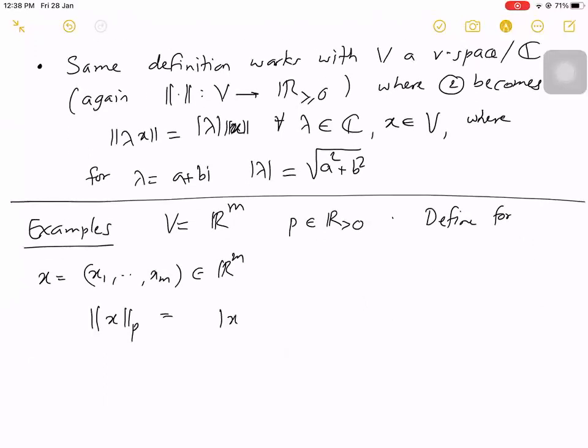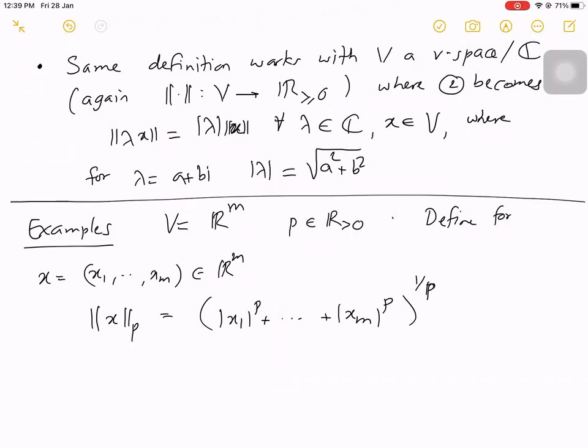I take absolute value of x1 to the p plus ... plus absolute value of xm to the p, and I raise it to the power 1 by p. Okay, so this is one definition.